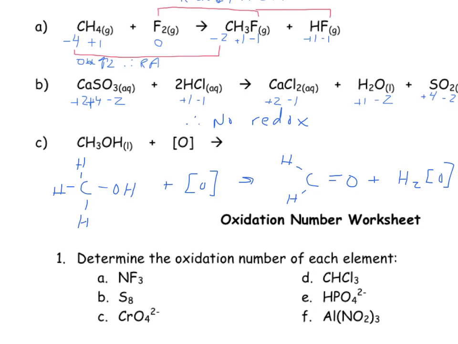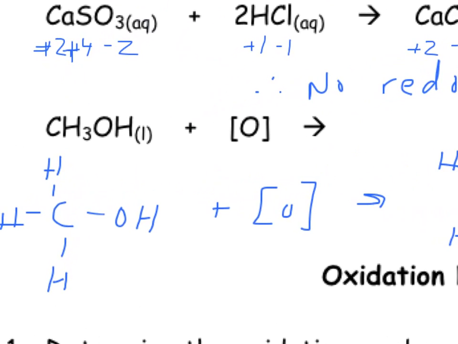Instead of doing it the organic way, we can use oxidation numbers. Each hydrogen will be a +1. And the oxygen will be a -2. In order to add to this 0, the carbon will then need to be a -2 as well. Because we don't know what the oxidizing agent is, let's assign it an oxidation number of 0.